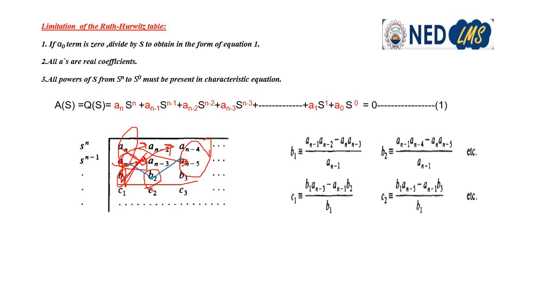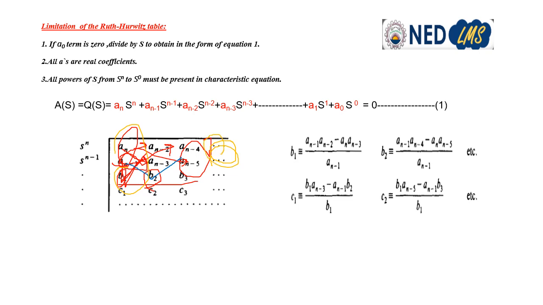For example, to calculate b3, we will use the first column and the column next to this. Obviously, we don't have written some values here, but we'll use these two columns if we calculate b3.